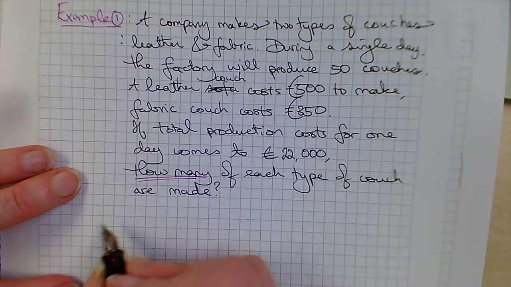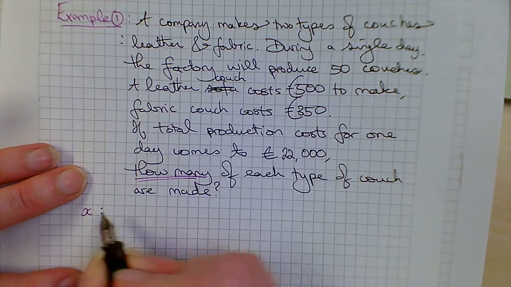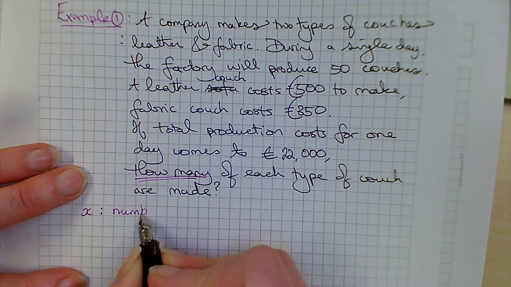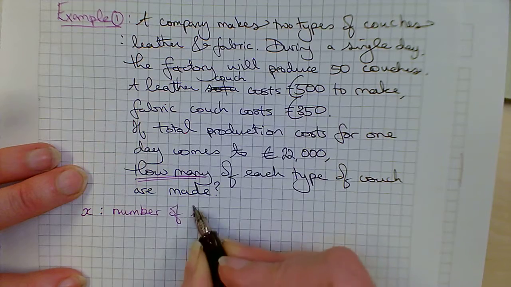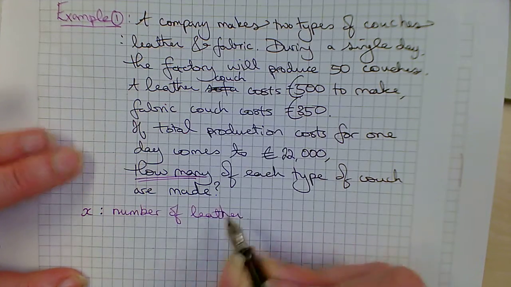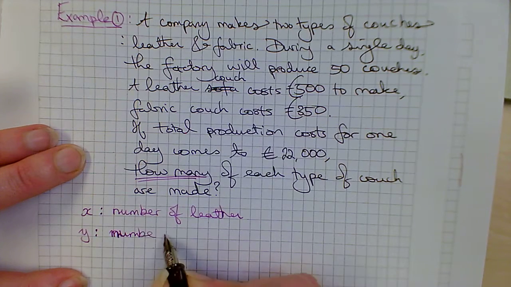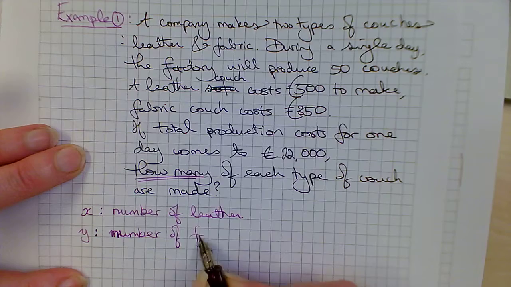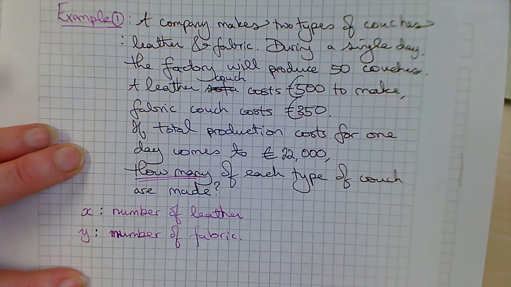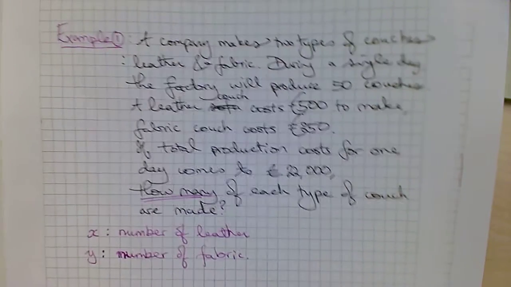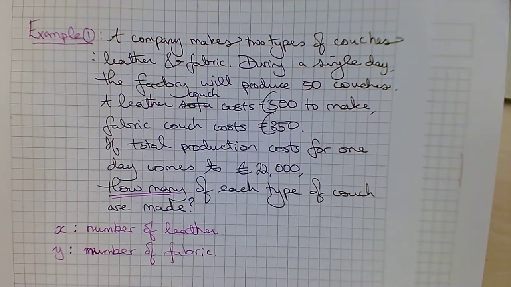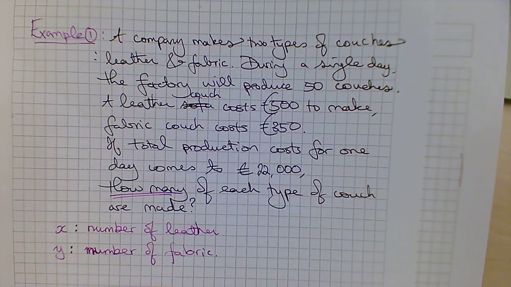So the first thing we're going to say is that X is going to be the number of leather couches, and Y is going to be the number of fabric couches.